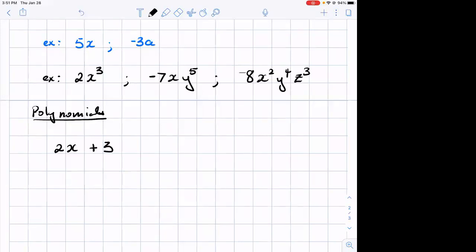So here, this is a term, and here we have another term. And that's why we say it's the sum. Here we have the sum. Okay?